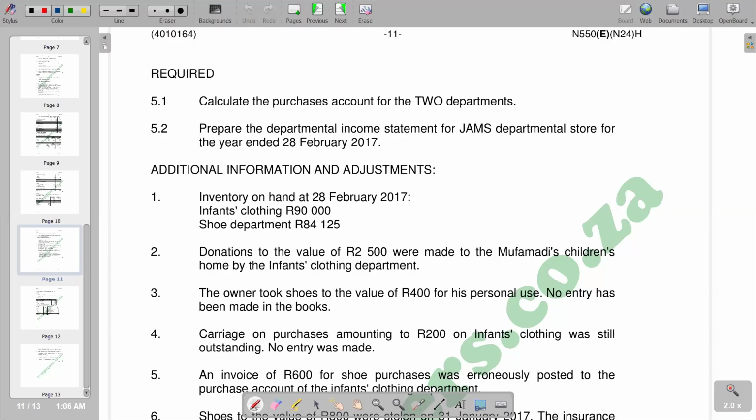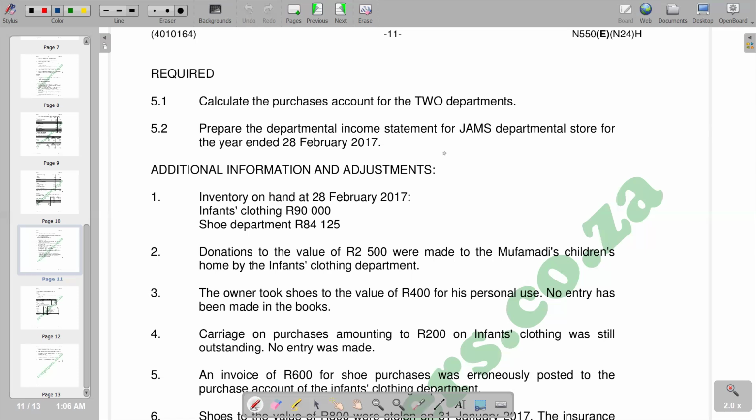The second part of our question, which is our 5.2, is: prepare the departmental income statement for JAMS departmental store for the year ended 28 February 2017. So we can as well take note of our financial period, where it's starting and where it's ending. We are told that it's ending 28 February 2017, which means it started the previous year on 1 March.